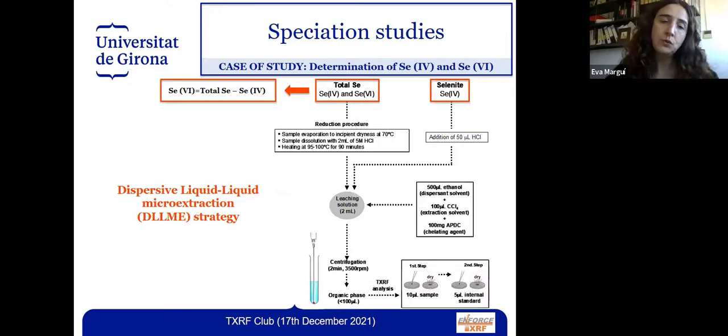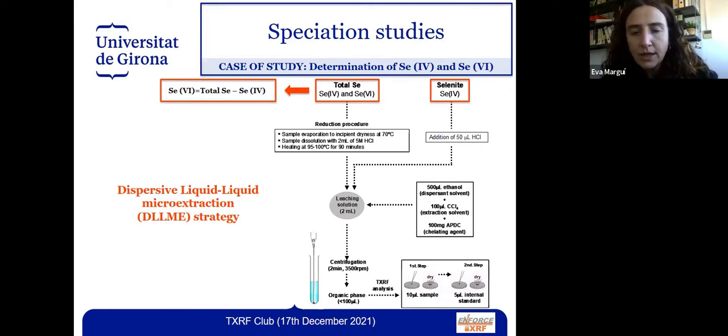To do this, we apply the same microextraction procedure that I discussed before. We apply to the leaching solution a mixture of ethanol, carbon tetrachloride, and APDC to form the selenium APDC complex that is extracted with the organic solvent.